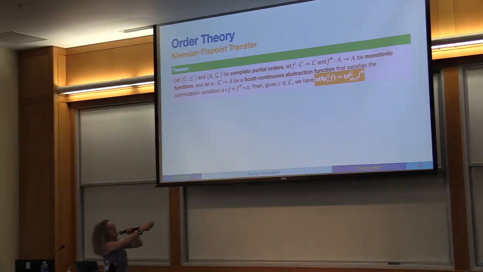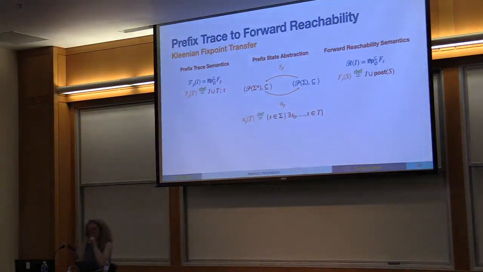Okay, if we do that, then the fixed point of f in the first posit, if we do its abstraction, we're going to obtain the fixed point in the second posit. So here is how we use it. We have our prefix trace semantics that we defined a moment ago.